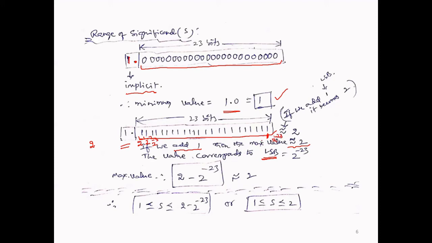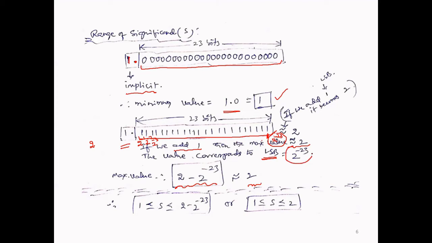If you add that LSB, then it becomes 2. That means from 2, if you subtract this LSB, 2 power minus 23, you will get all ones, or we can call it approximately 2.